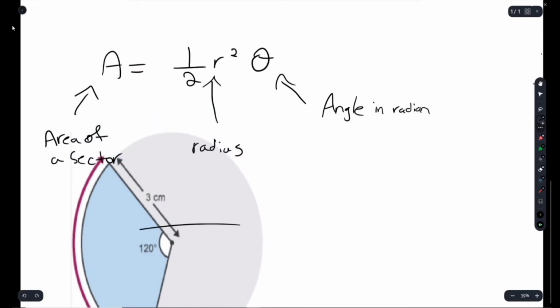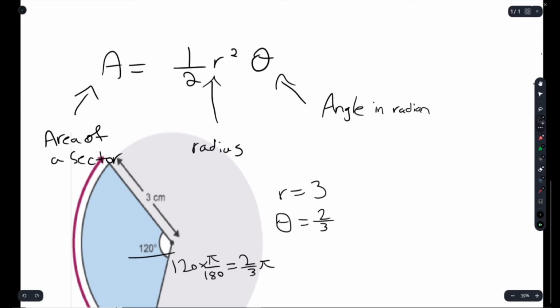So this time we're asked for the area of the sector. This is the sector. Again, you can think of it as a slice of pizza. So R is 3, then theta, it's in degrees, so we have to convert it to radians. 120 times pi over 180. So it becomes 2 over 3 pi. So then we just use the formula.